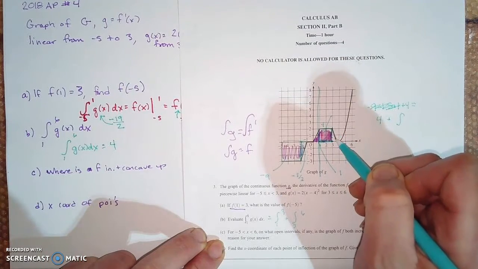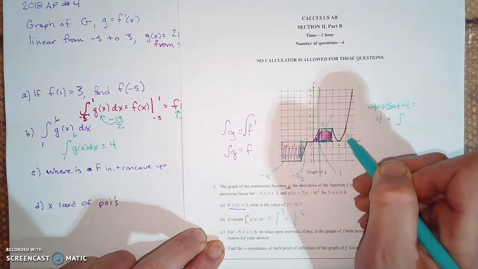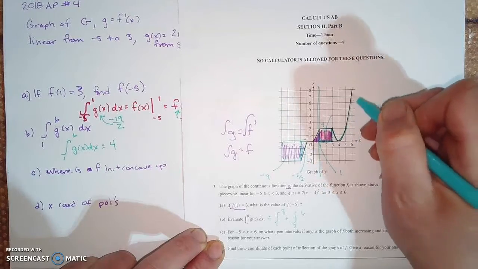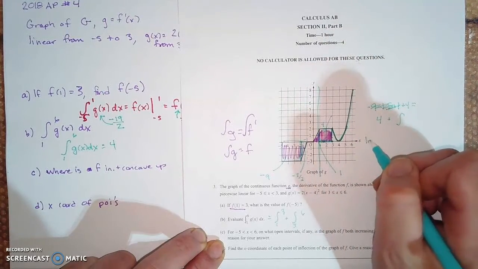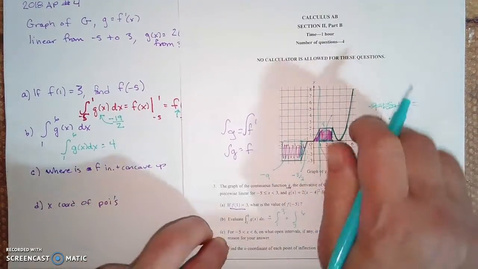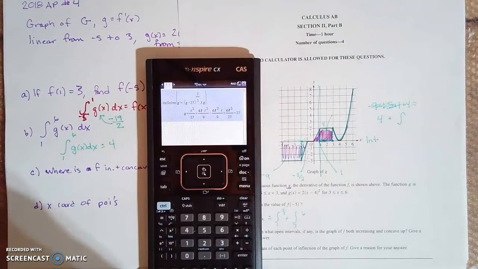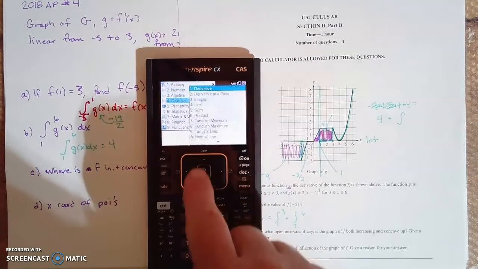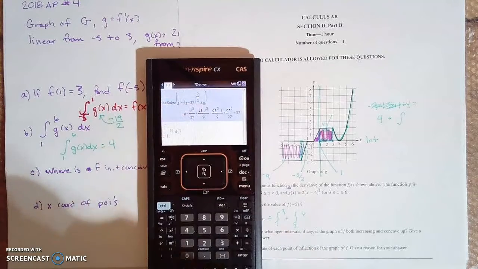Now the area under the curve for this one, there's a bunch of ways you can do it. If I'm going up to 6, I can put this right into my calculator. Let's put it in the calculator, hold on. Okay, here we go. Menu, calculus, integral.